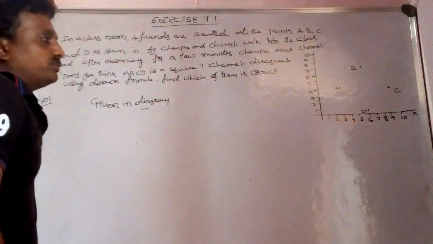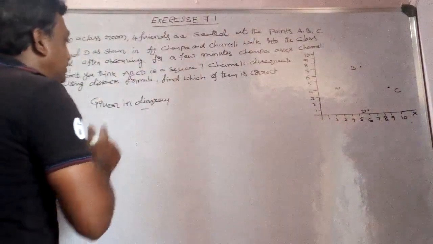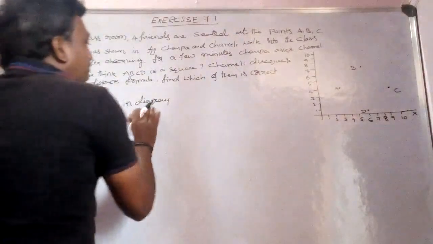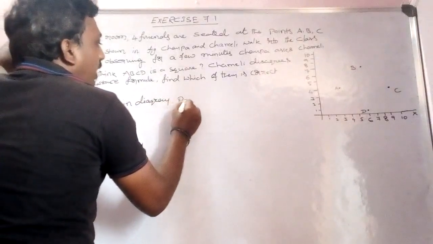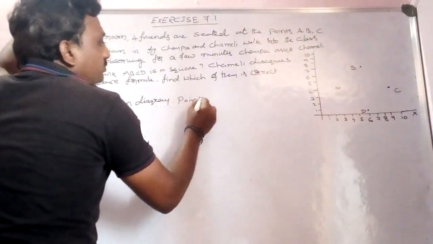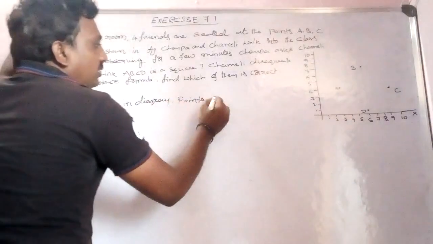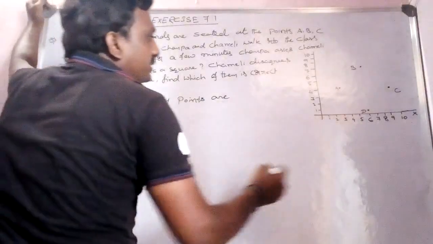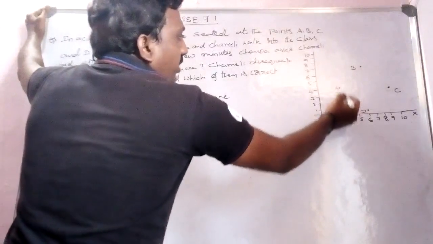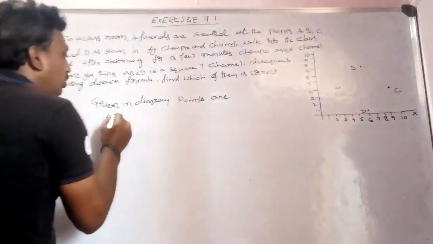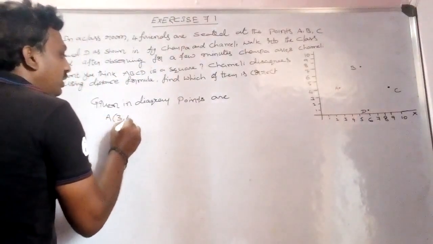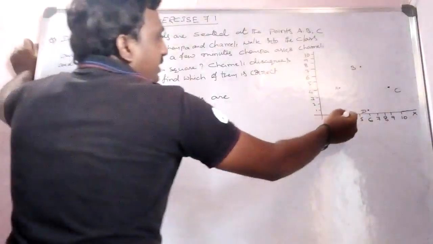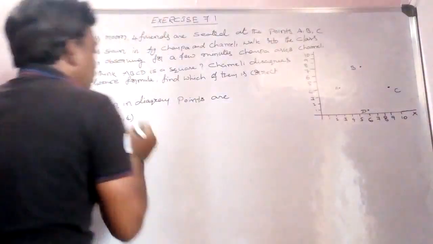Observe this. First, identify the points given in the diagram. What is A? A is 3, 4. X coordinate is 3, Y coordinate is 4.